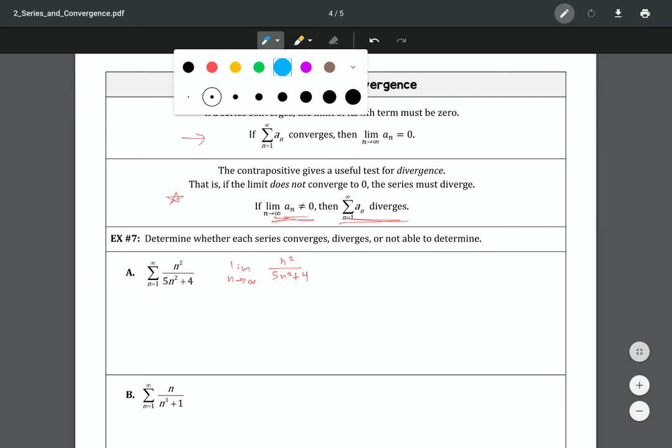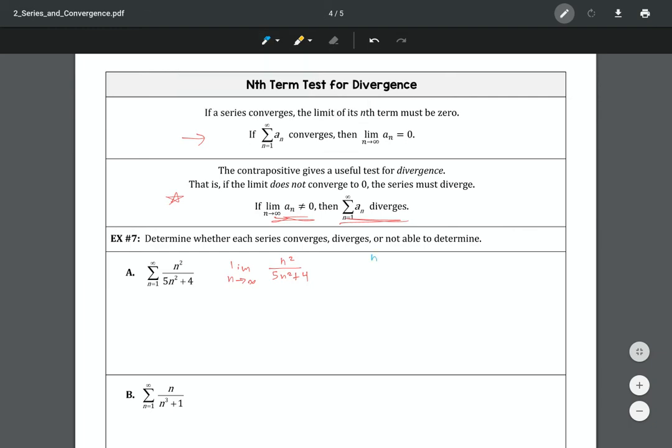But also, I want to remind you that if you have something more complicated, you can always take the term with the highest power and divide each term on the top and on the bottom by that term. Then you still take the limit as n goes to infinity. It's definitely a lot easier if you don't do this, but I notice that this right here goes to 0.